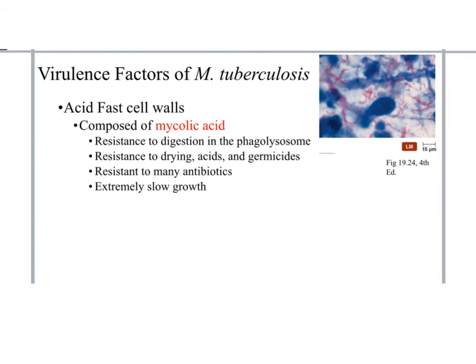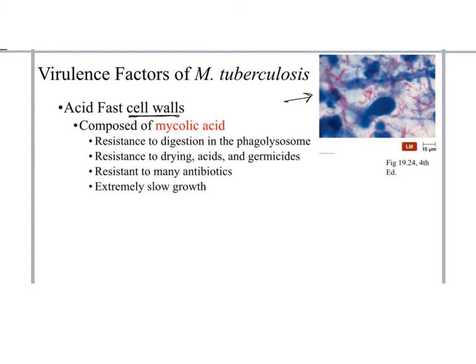But we do know that the biggest weapon that we think Mycobacterium has is their very unique cell wall. It's considered acid-fast because when we try to stain these organisms, here's an example of an acid-fast stain, like what you did in lab if you are in lab.